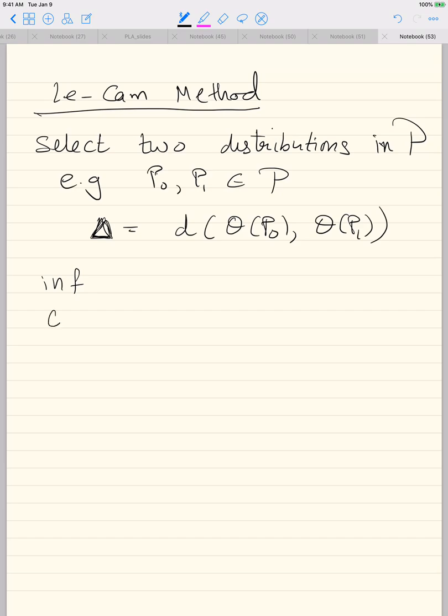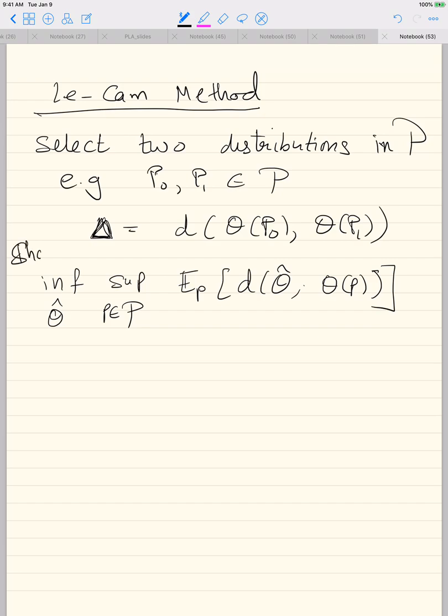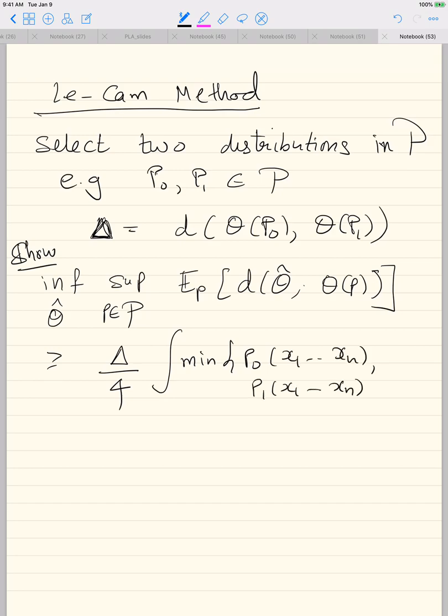And now, if you look at our minimax risk, what we will show in the proof of this theorem is that this is going to be greater than delta by 4 times the integral of the minimum of P0 of x1 to xn, P1 of x1 to xn, dx1 to dxn.